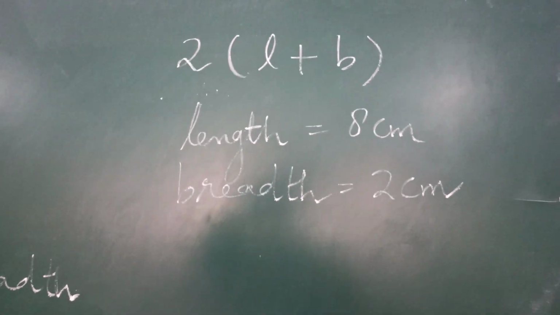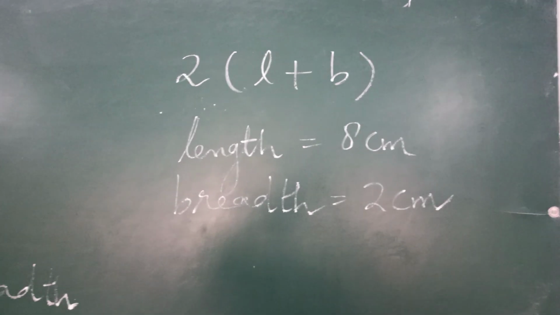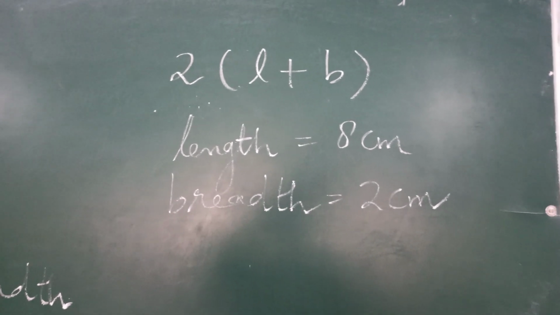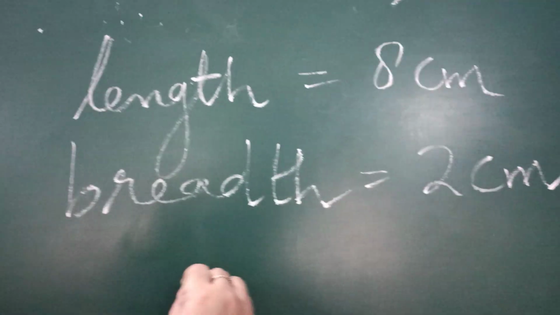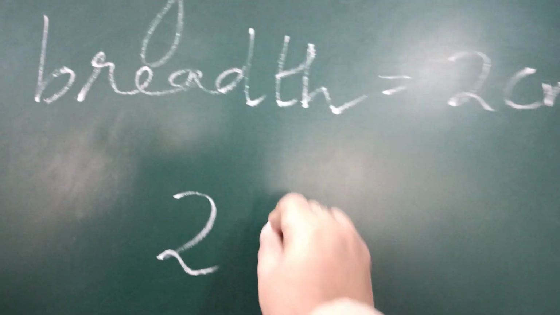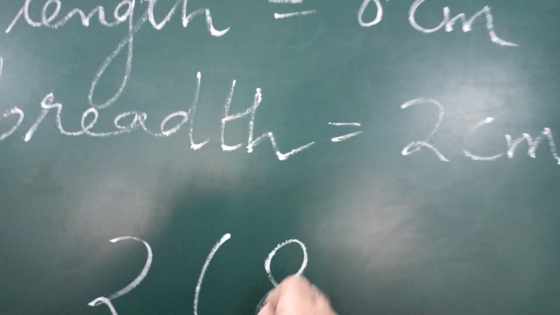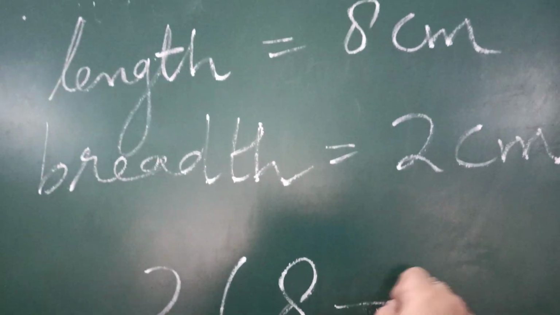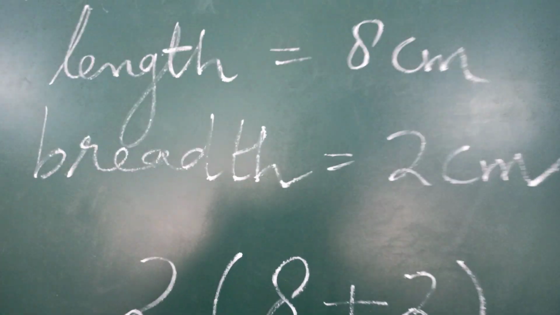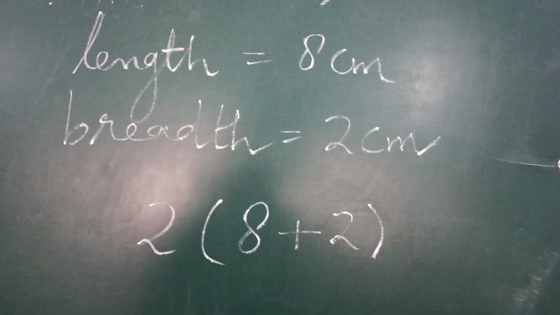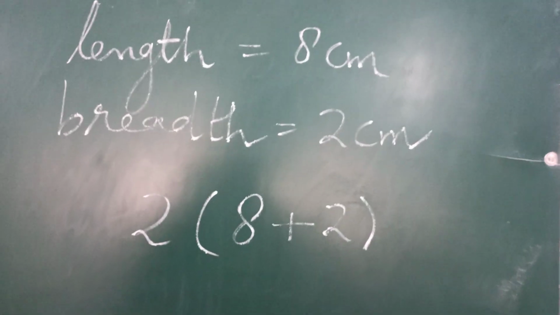Now, how do I find the perimeter of the rectangle? I will apply the formula 2(L plus B). So, I will write 2 in bracket. What is the length given? 8 centimeters. What is the breadth given? 2 centimeters. So, I will write my numbers like this: 2 in bracket 8 plus 2.